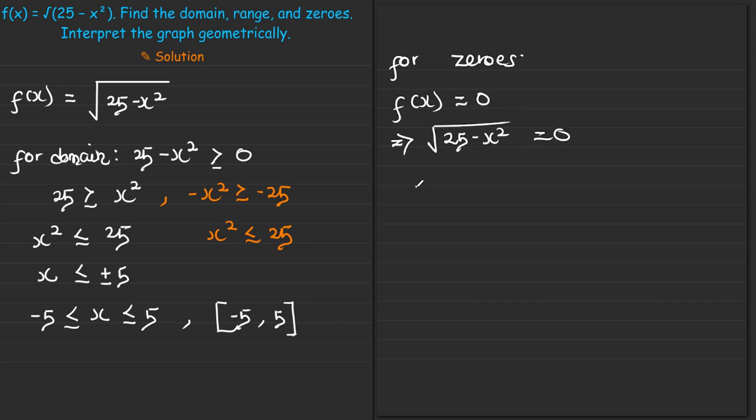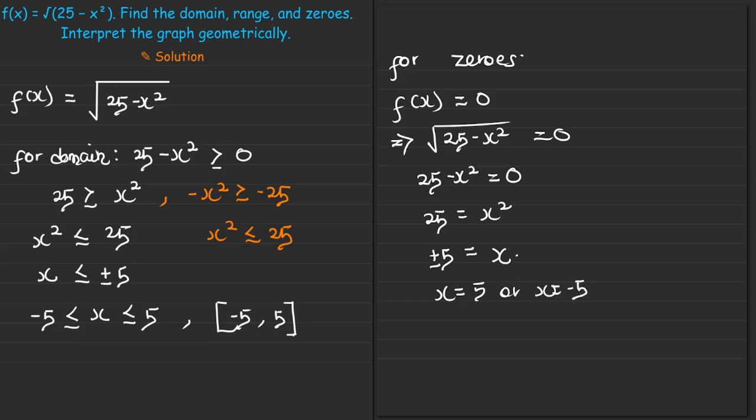And this can only be equal to 0 if we have 25 minus x squared being equal to 0. Making our x the subject, we have 25 being equal to x squared. Finding the square root of both sides, we have plus or minus 5 being equal to our x.